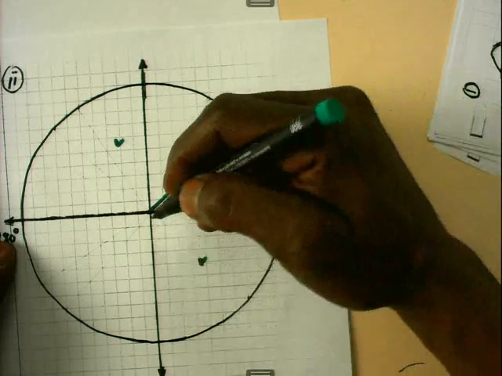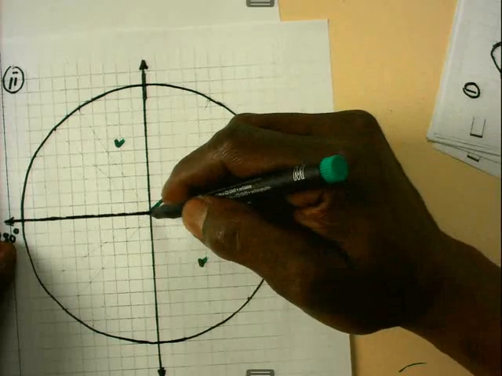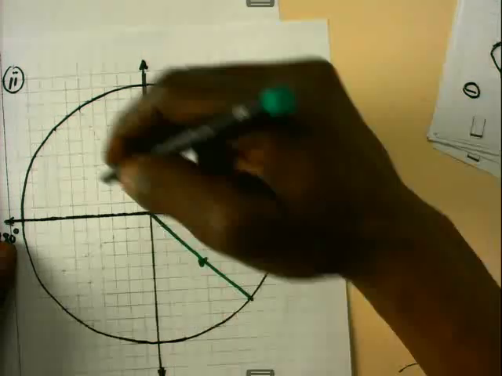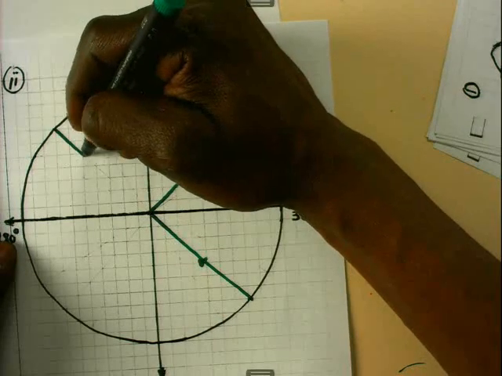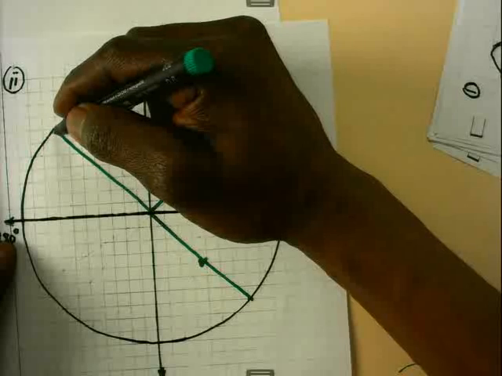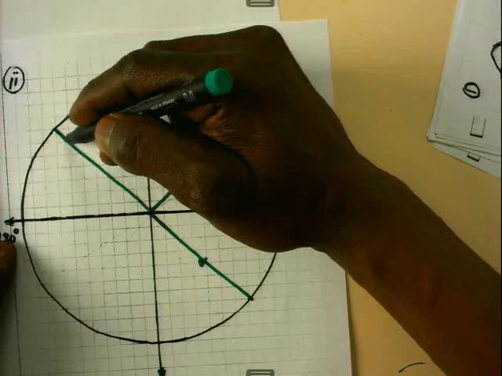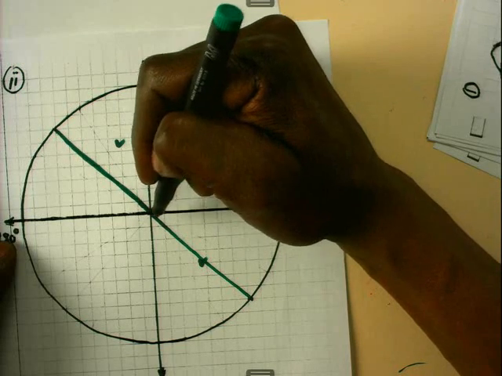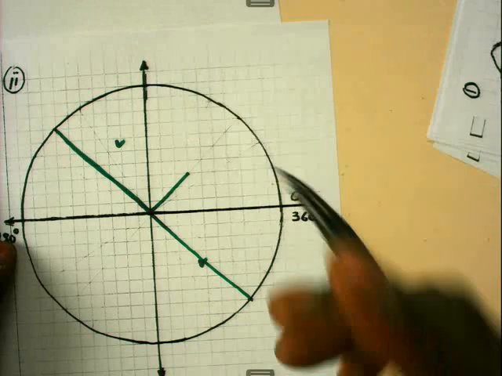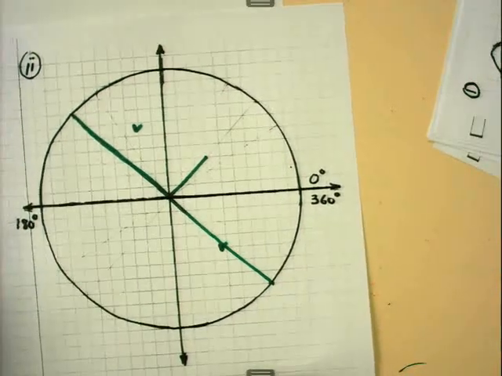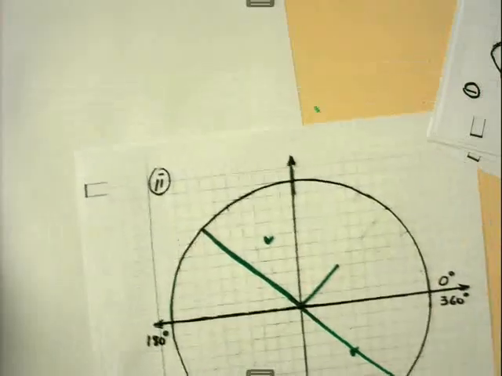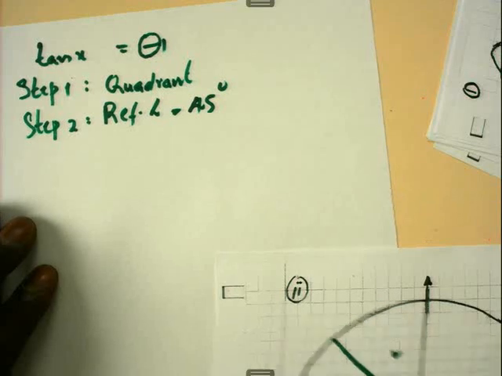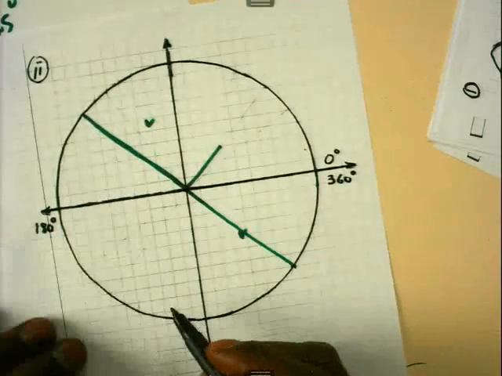So my reference angle is 45 degrees, and let me just draw that. Now, we are working in the fourth quadrant as well as in the second quadrant. Now something is funny here. This thing wants to be the straight line. Okay, we'll see why. Let's go back. We have got our reference angle. Let's write our reference angle.